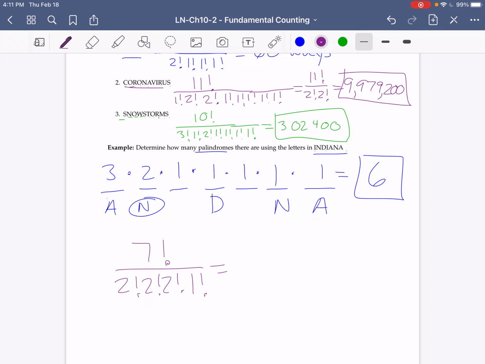If we did that, we would get 630 total ways to arrange the letters in Indiana.